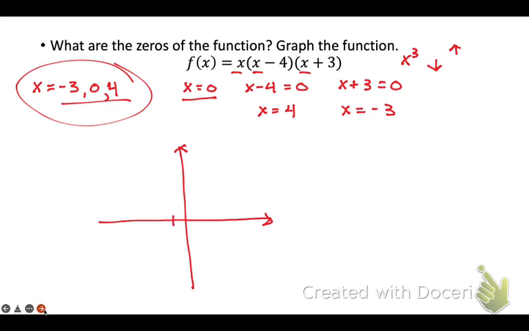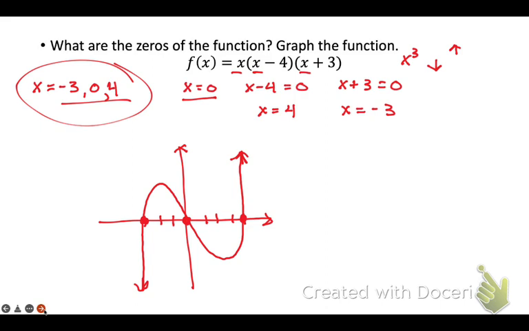We have negative 3, we have 0, and we have 4. So if I have to start down and end up, it has to go up and then down.